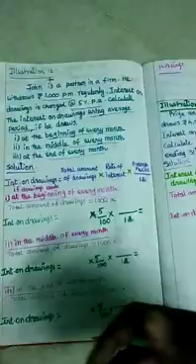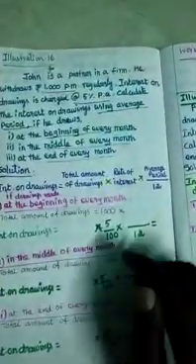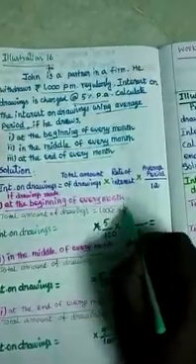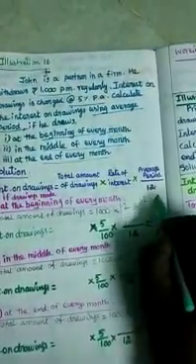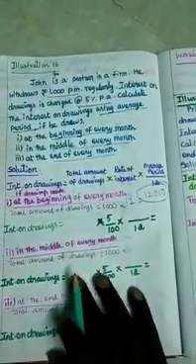Every month beginning: April, May 1st, June 1st, July 1st, August 1st, September, October, November, December, January, February, March. So 12 months he is going to get the amount from the partnership firm at every month beginning. So 1000 into 12 is equal to 12,000. The withdrawn amount is 12,000.